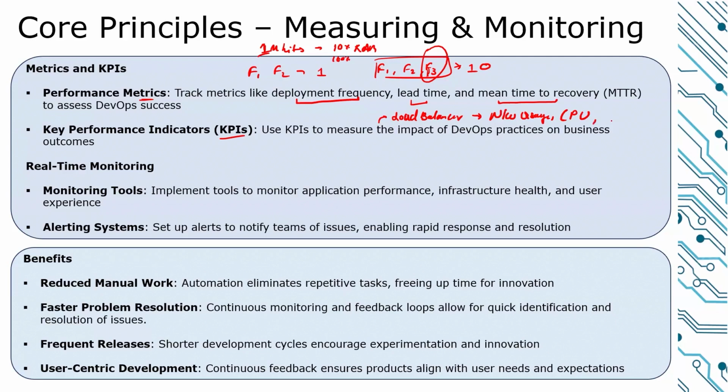How much CPU is getting utilized, how much RAM, how much disk, how many write operations or read operations we are doing on the database. These are some KPIs, or key indicators, that will tell you, based on these DevOps practices, what the business impact is, like how DevOps is helping the business to stabilize the digital infrastructure.